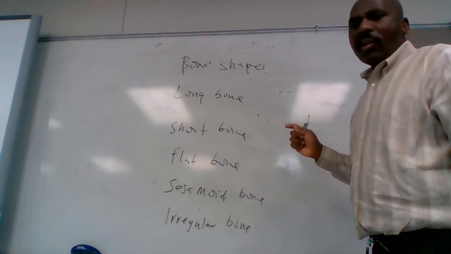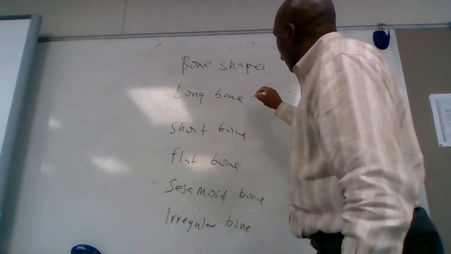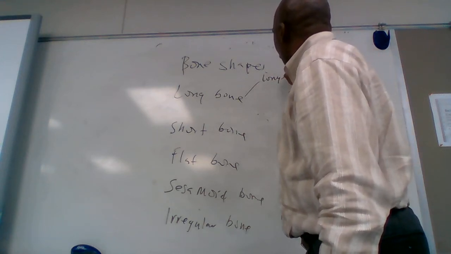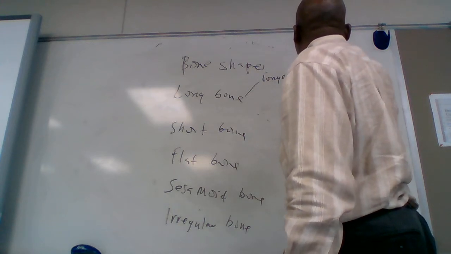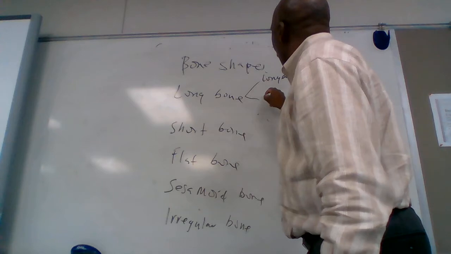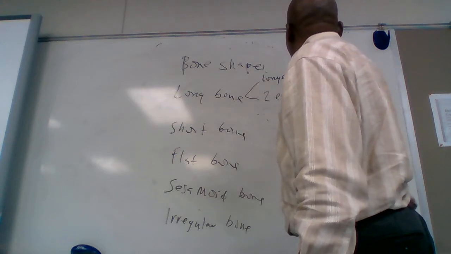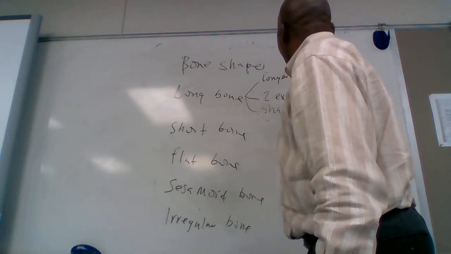Now, how would you recognize a long bone? Again, you have some diagrams in your notes. A long bone is going to be longer than it is wide. It's going to have two expanded ends, and it's going to have a shaft somewhere in the middle.